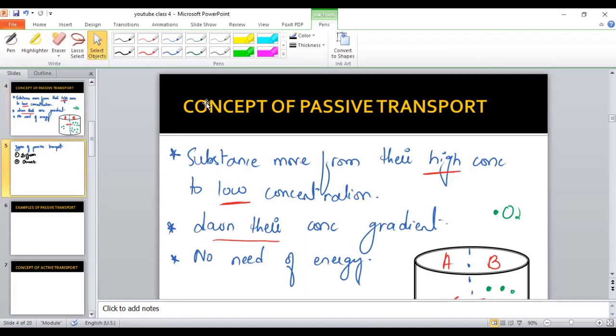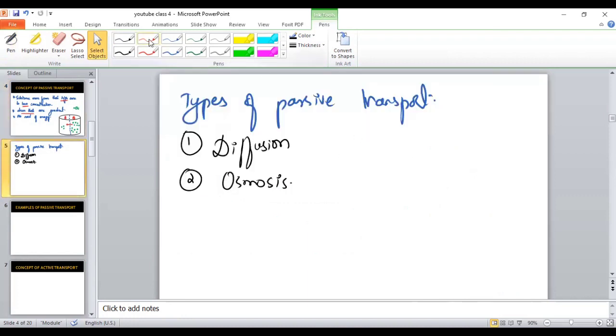For passive transport, if I'm saying that no energy is required, especially when we talk about diffusion, diffusion is a type of passive transport. It can occur through the cell wall, and it can occur through the cell membrane also.